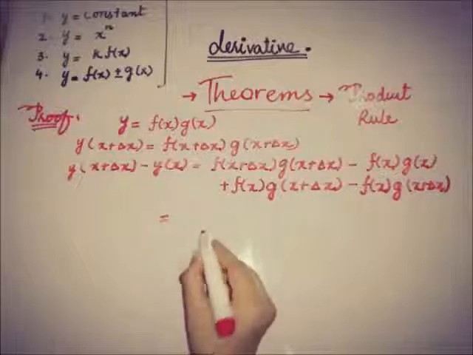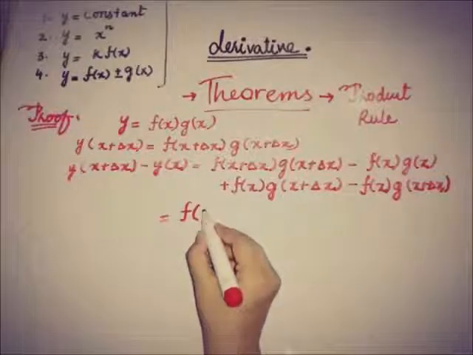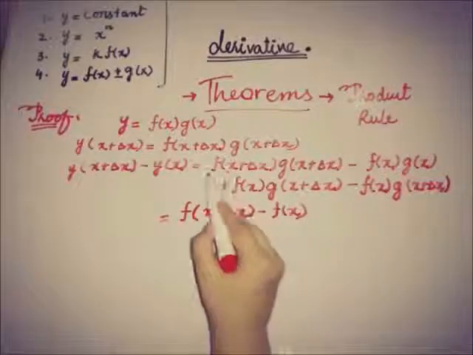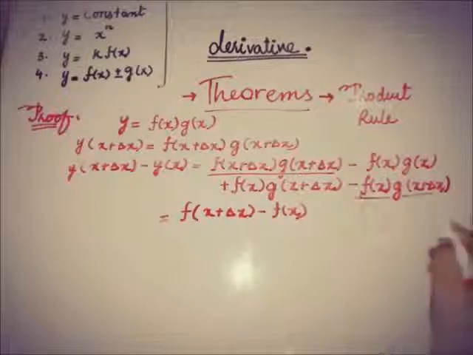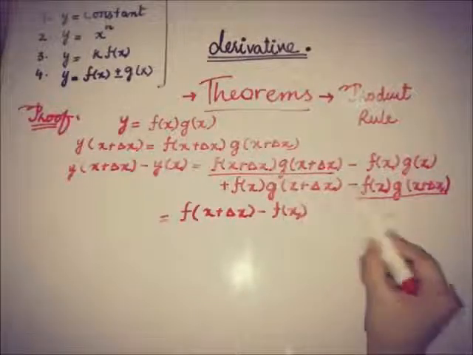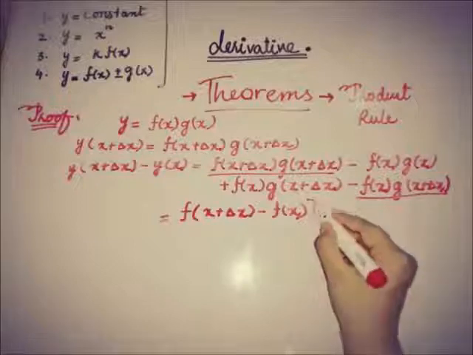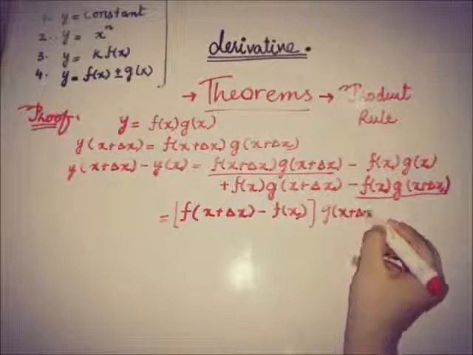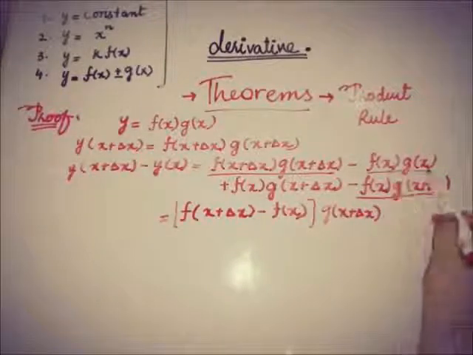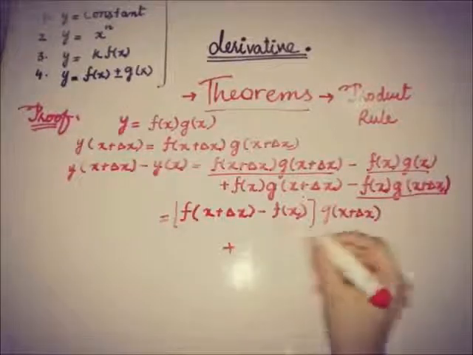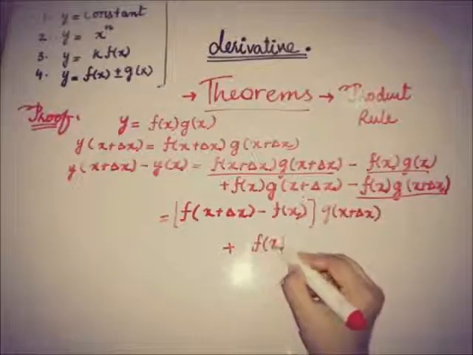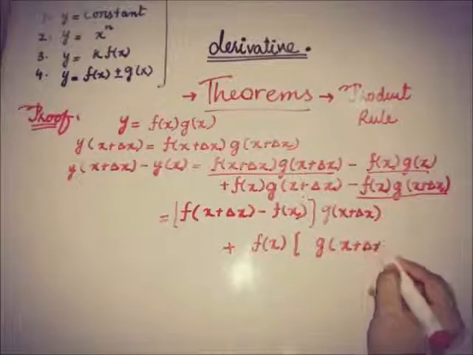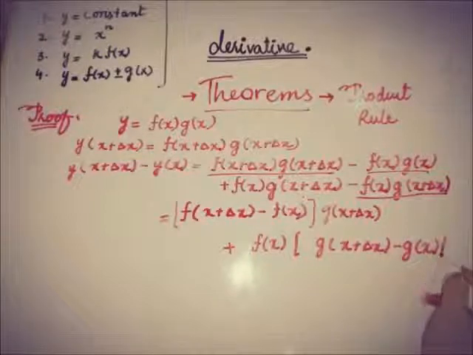Then writing it as f of x plus delta x minus f of x, taking out the common g of x plus delta x from both terms, and now in this and this, the common value is f of x, so we can write g of x plus delta x minus g of x.